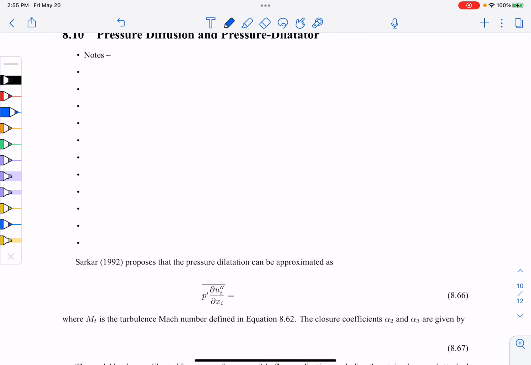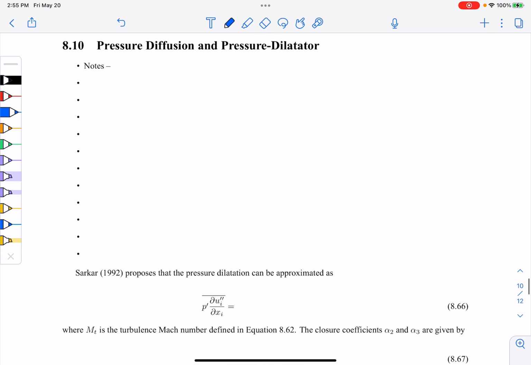Let's next look at the pressure diffusion and pressure dilatation terms. There's generally a lack of information regarding the diffusion by pressure fluctuations, even in incompressible flows, which is probably worrying for compressible flows.